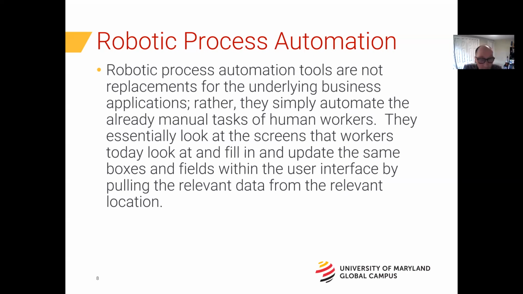But now there's been an evolution. We're seeing an evolution of technology. In fact, some are calling it the fourth industrial revolution, where we're seeing robotic process automation in a lot of different areas.